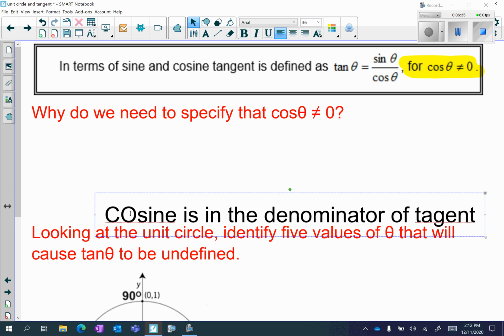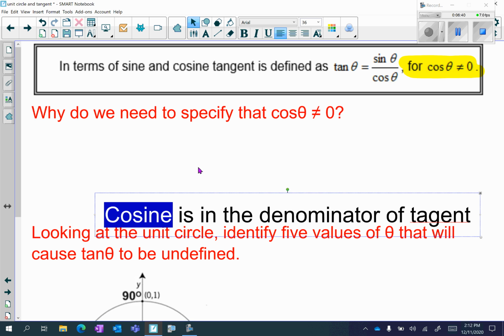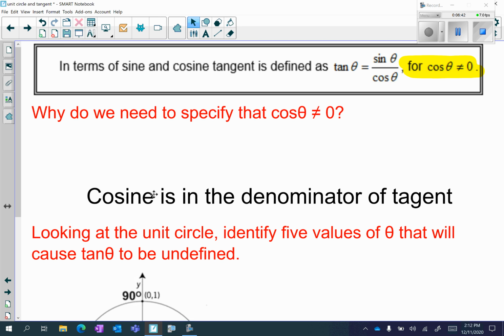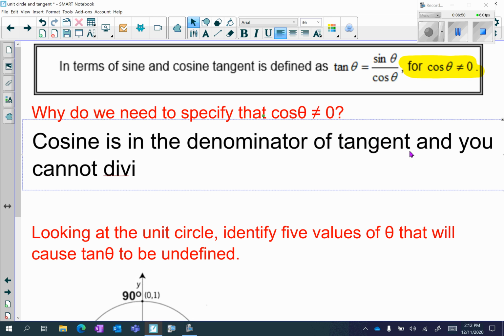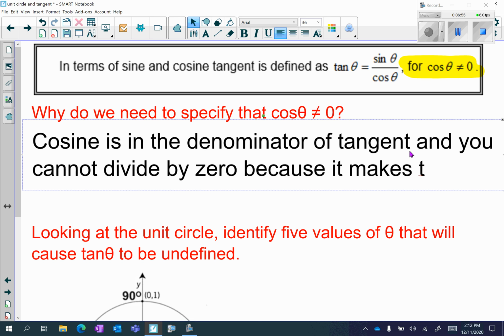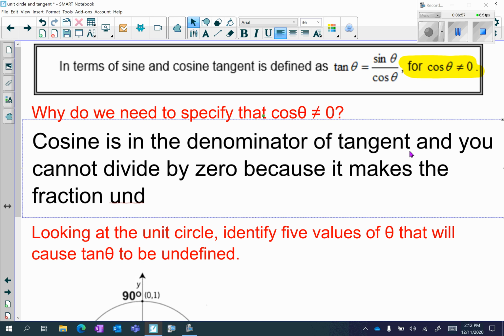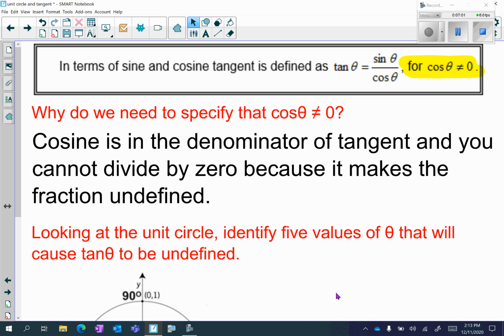And we should remember back from our previous units or even back from other math courses that you cannot divide by 0, because it makes the fraction undefined. So therefore, since cosine would be equal to 0, it would make tangent undefined. It would make my overall fraction undefined.